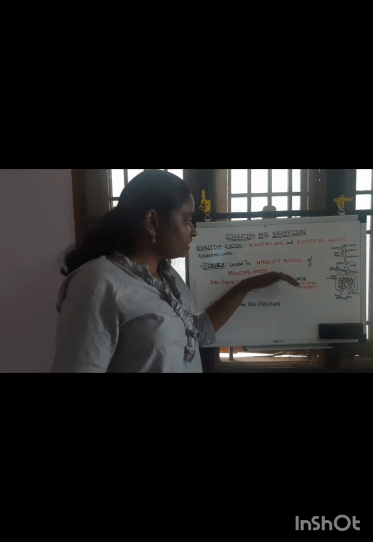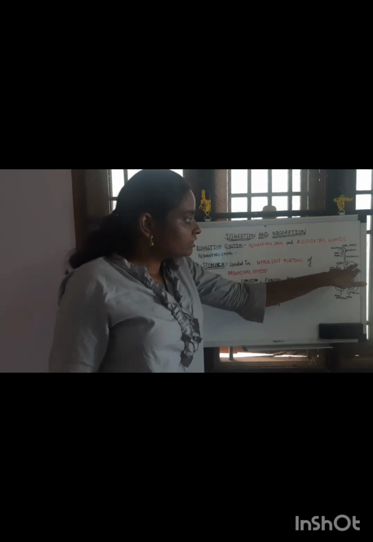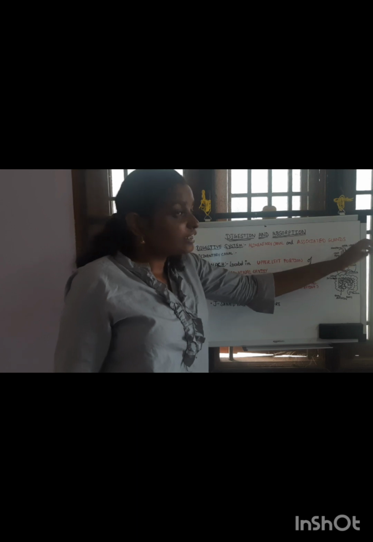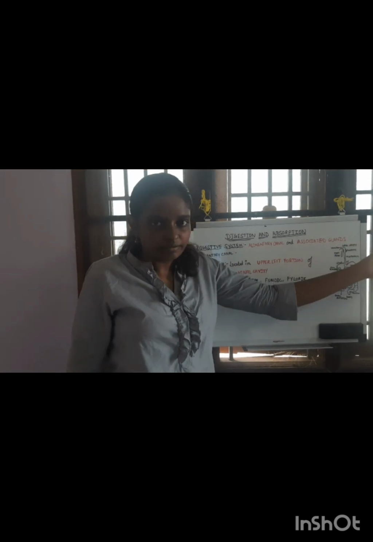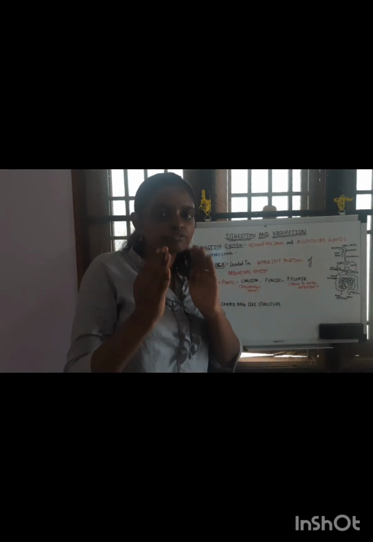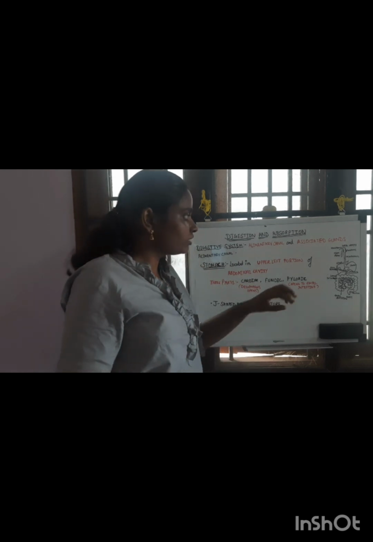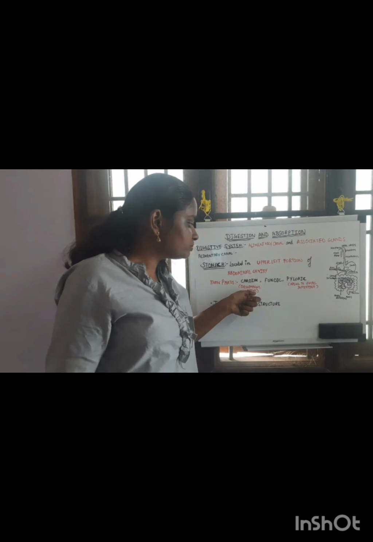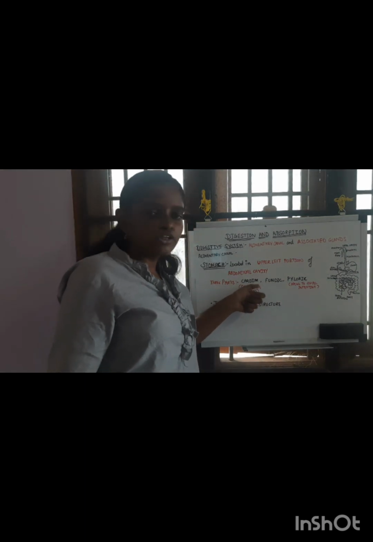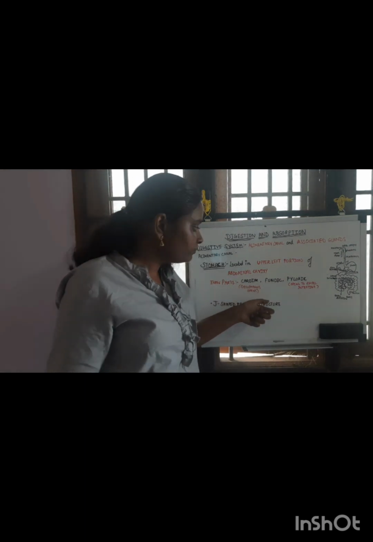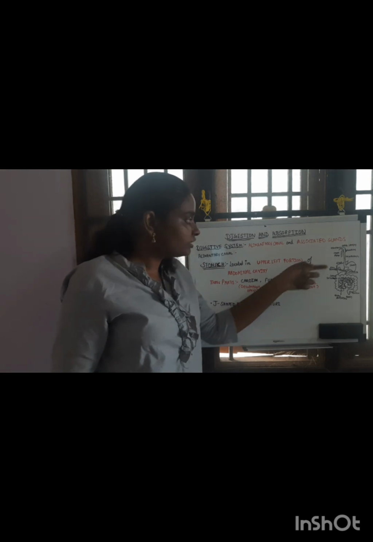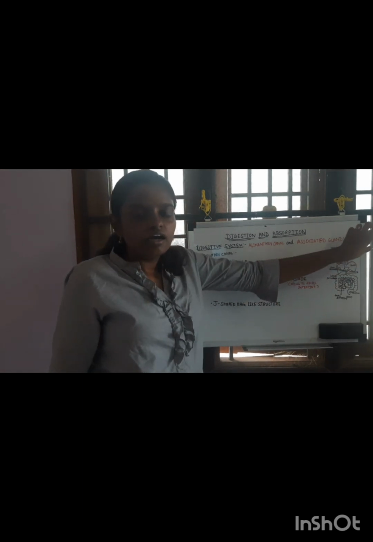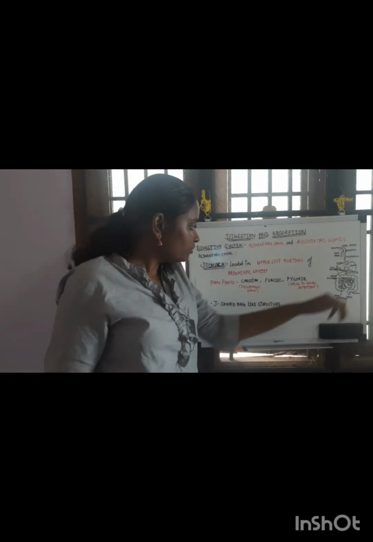And the fundic portion is present nearer to the heart. You should not be confused between these words: the cardiac portion is not present near the heart. The cardiac portion is present where the esophagus opens into the stomach, right? And the fundic portion is present where the heart is present, okay?